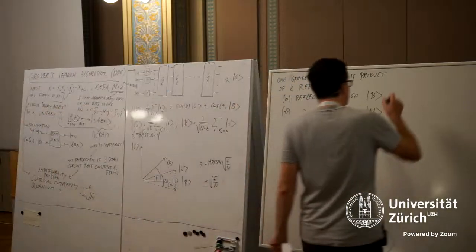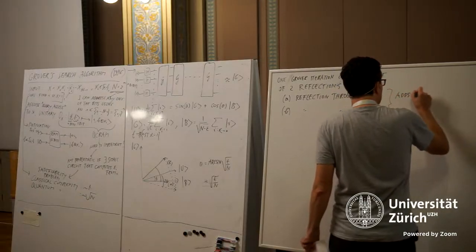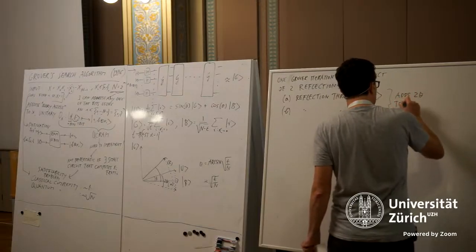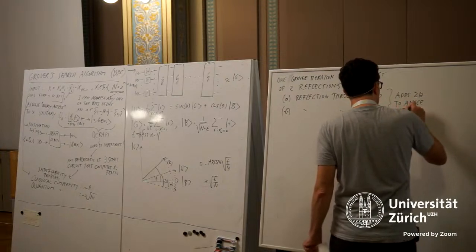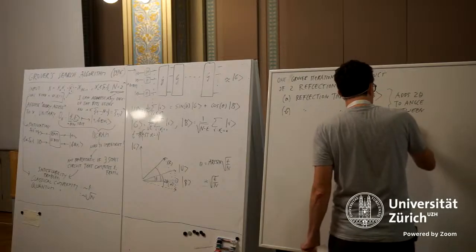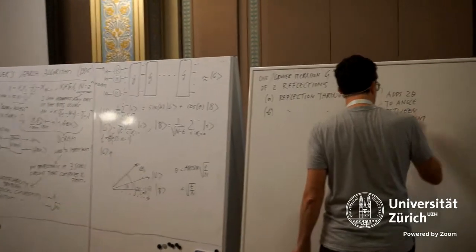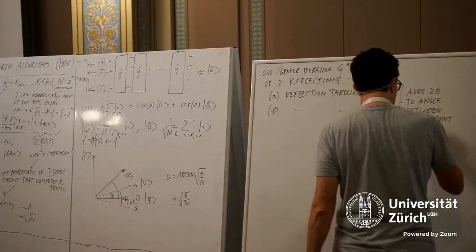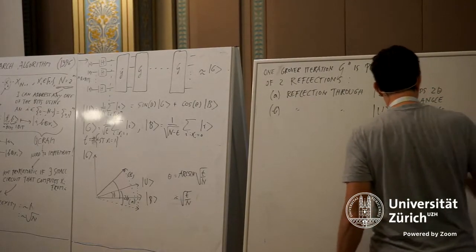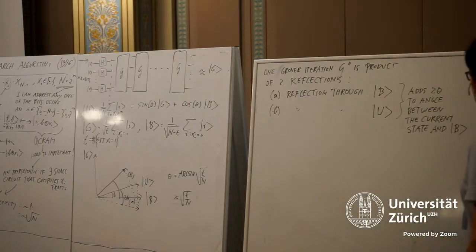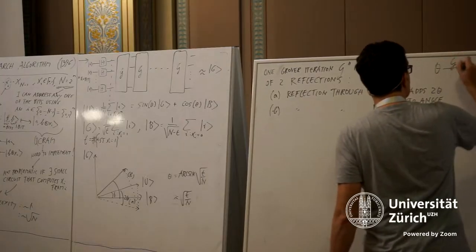So what this does is add 2 theta to the angle between the current state and the horizontal axis, which is the bad state. This angle starts at theta. You do one Grover iteration, and it becomes 3 theta.